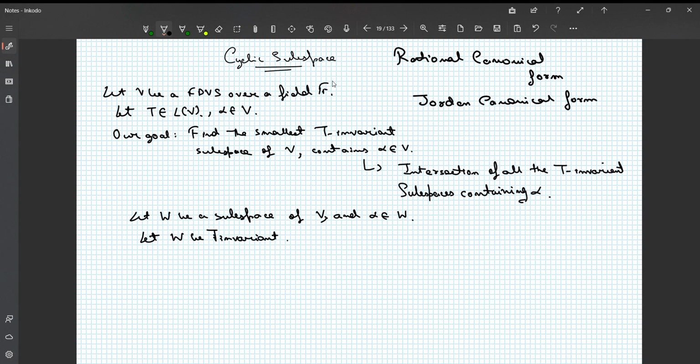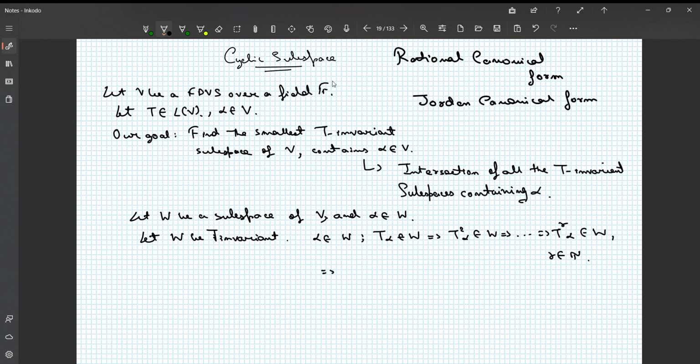If W is T invariant, then what can we say? If alpha is in W, then T alpha is also in W. That would imply that T squared alpha will also be in W. And we can keep on doing this until we get that T to the power r alpha is also in W, where r is some natural number.